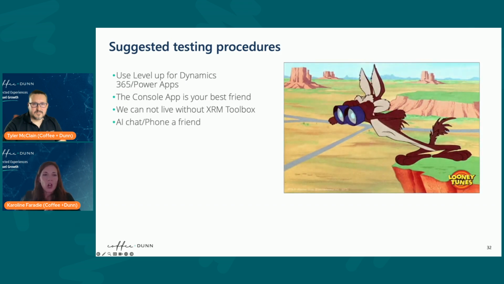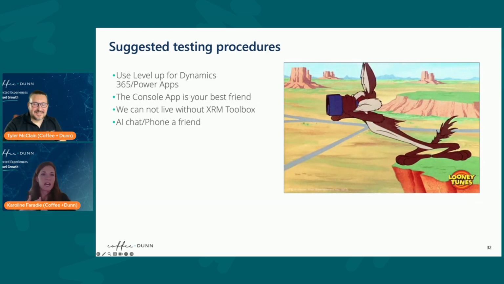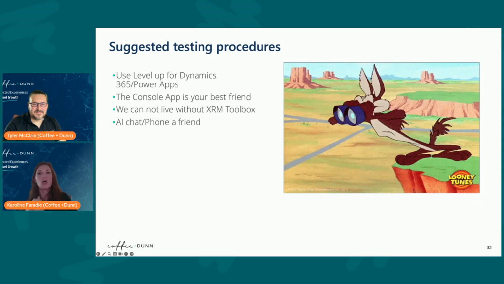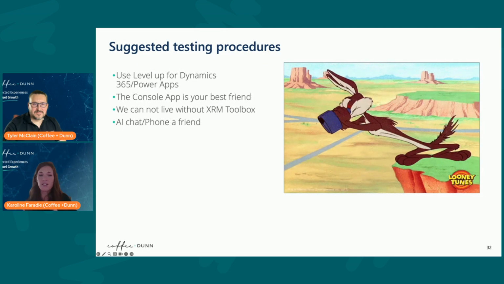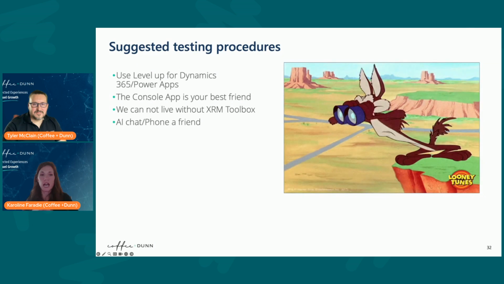And if all else fails when you are doing your testing and running into issues, AI chat or phone a friend are other options. Obviously, with anything AI, it's based off of the information it has accessible.